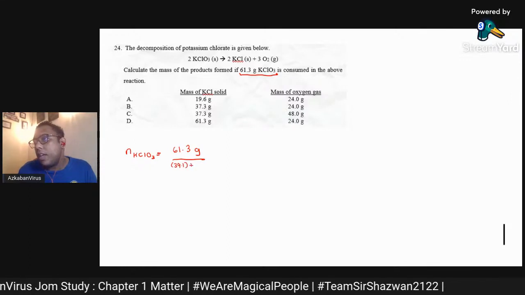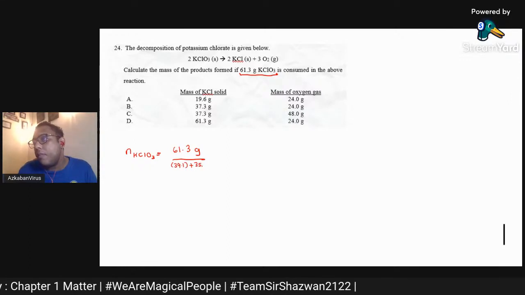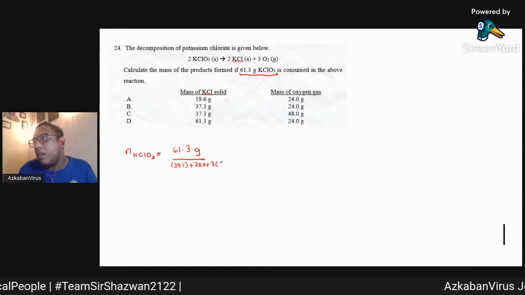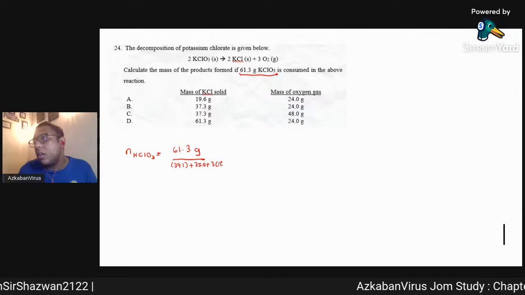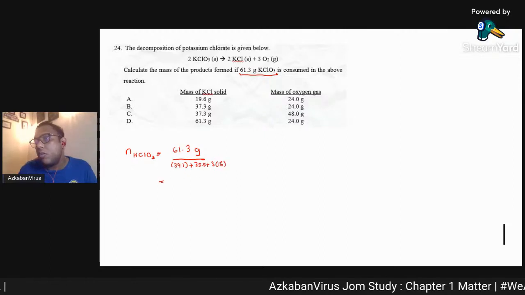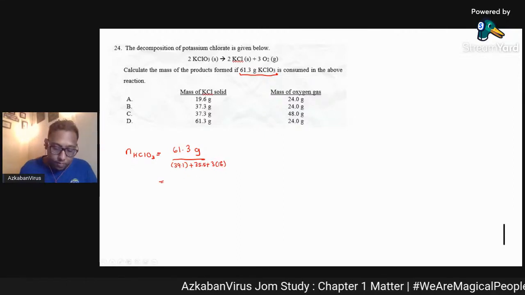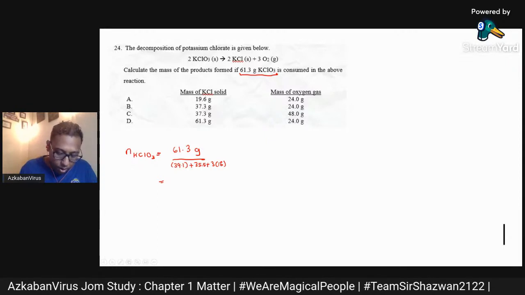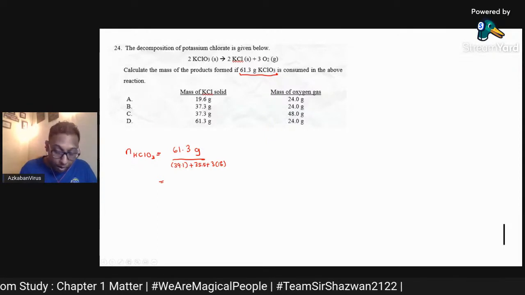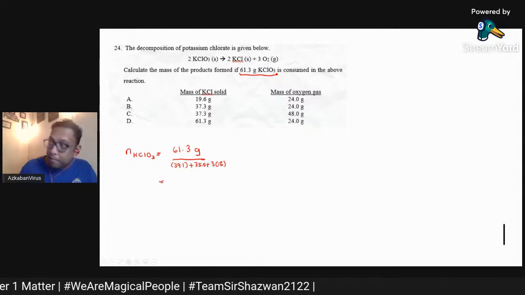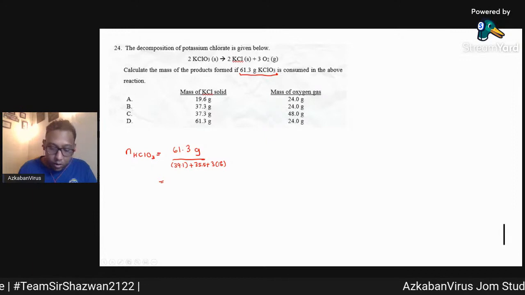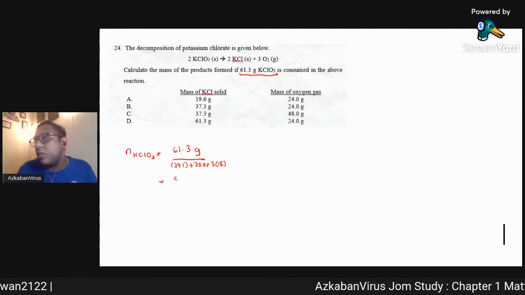Tambah dengan Cl adalah 35.5. Tambah dengan 3 darab 16. This is equal to 39.1 tambah 35.5 tambah 48, 61.3. This is equivalent to 0.5 moles.